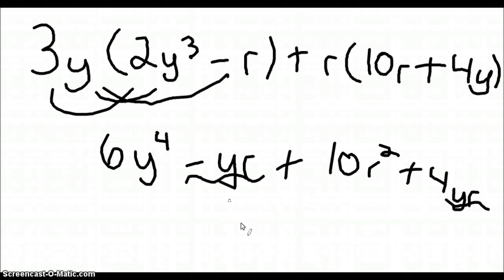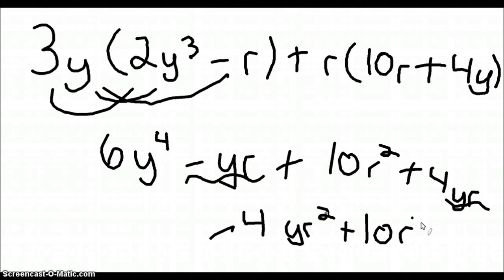What you're going to want to do is put them together to create negative 4yr squared, and you add the other two, which is 10r squared and 6y to the power of 4. And that is the answer with combining like terms while multiplying polynomials with distributive property.